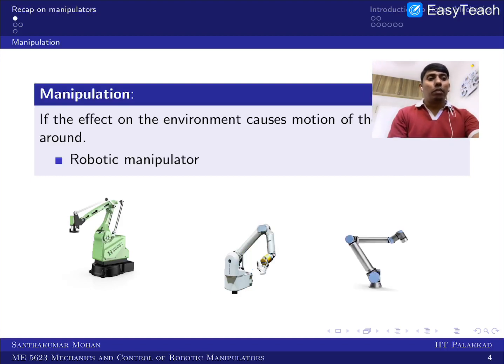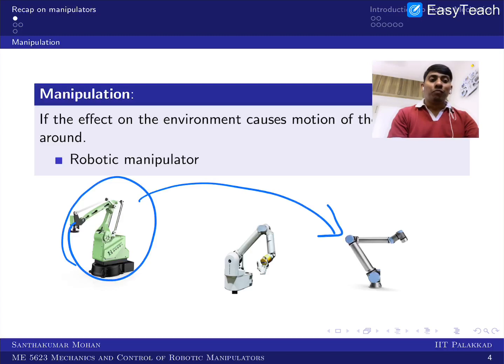But the modern manipulator is more or less different. You can see there is a transformation from the conventional to the modern one. In the modern one, the actuator is more like a disc type. You can see how much change has happened. Static balancing is built in here. This particular manipulator we call a cobot.